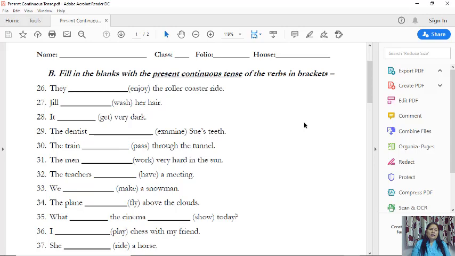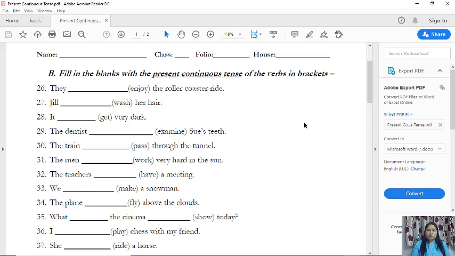Let's see. They are enjoying the roller coaster ride. Are enjoying. Jill is washing her hair. Jill is singular, so Jill is washing her hair. It is getting very dark. The dentist is examining Sue's teeth.